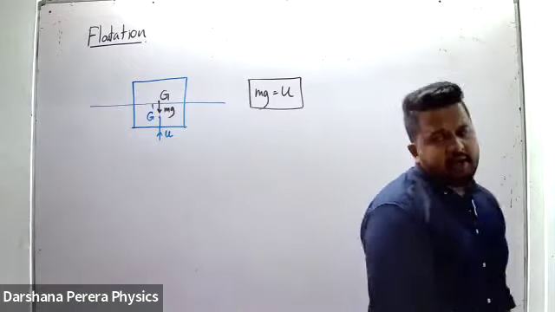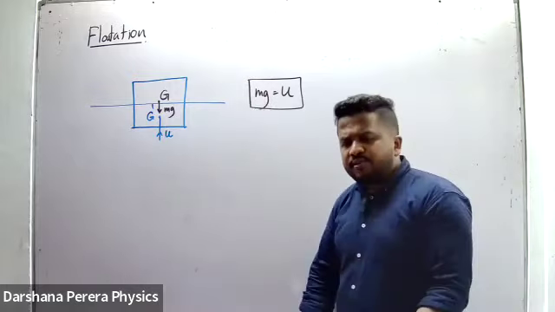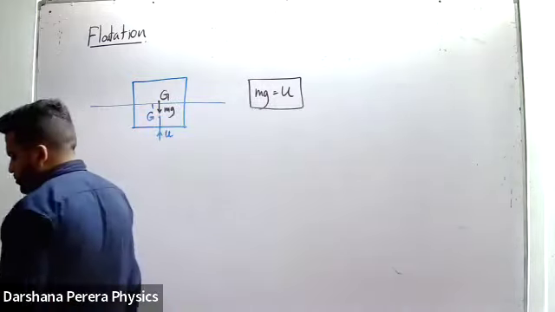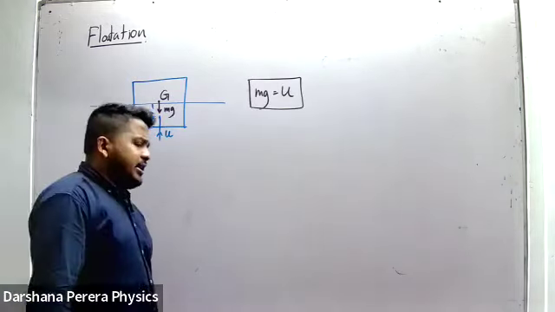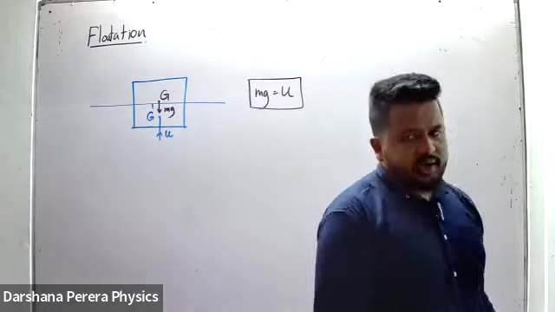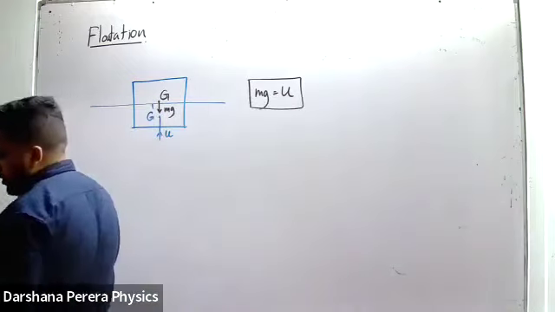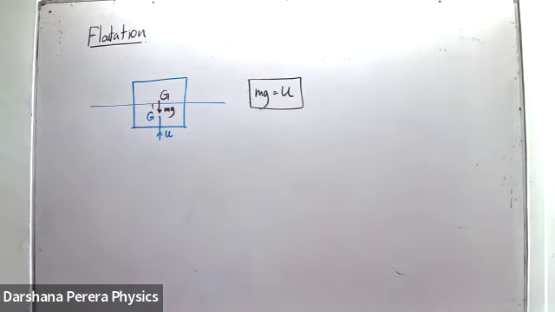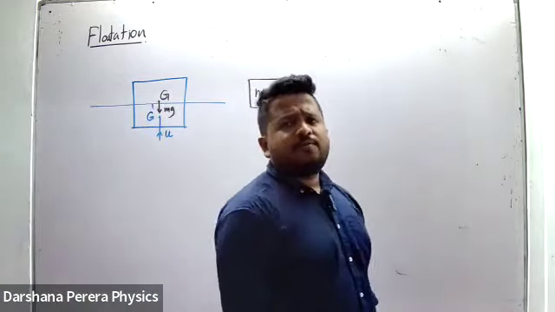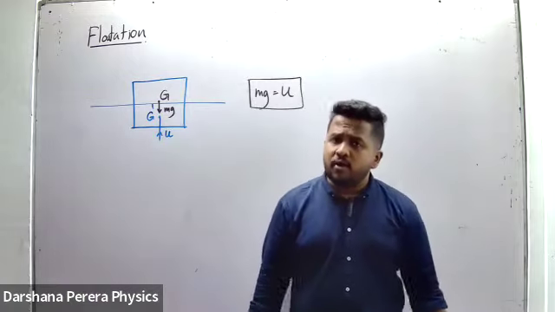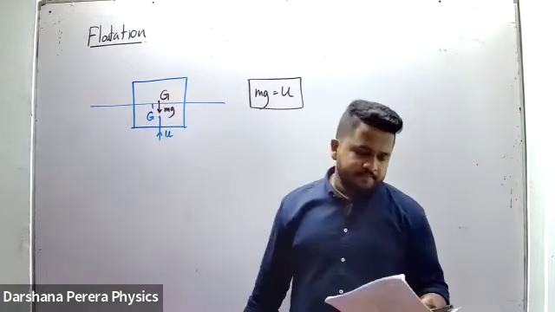The center of gravity, capital G, and the center of buoyancy, G dash, should lie on one line.